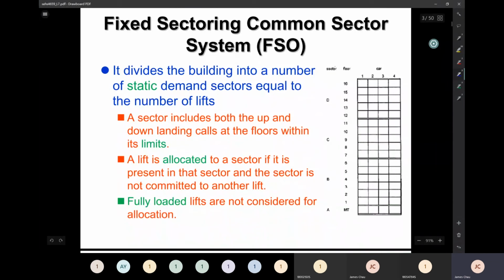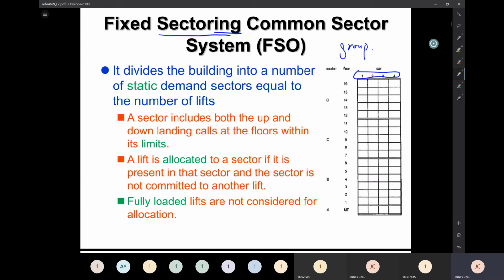Now here, we firstly give you some idea on the zoning that we already told you about last time. Now, zoning is used for a group of lifts. For example, we have 4 lifts, and we are going to assign individual lifts to each zone or some floors in order to serve those floors, and it is known as zoning.